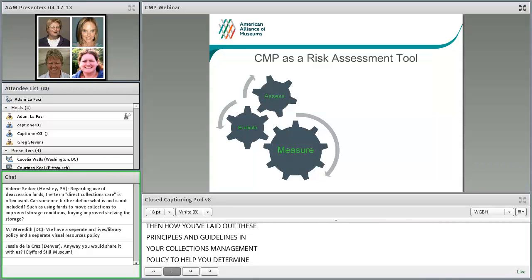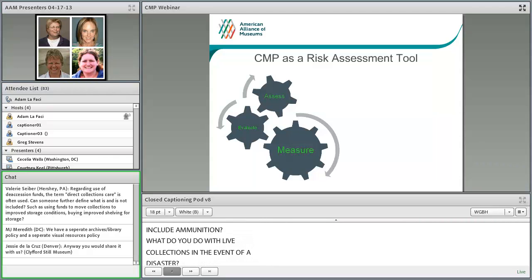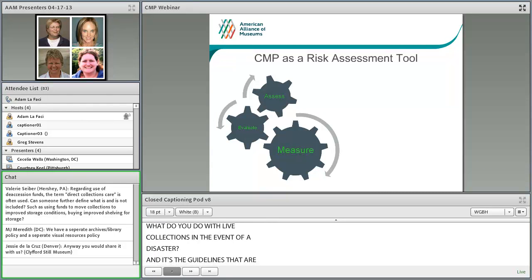For example, how do you protect a military collection that might include ammunition? What do you do with live collections in the event of a disaster?